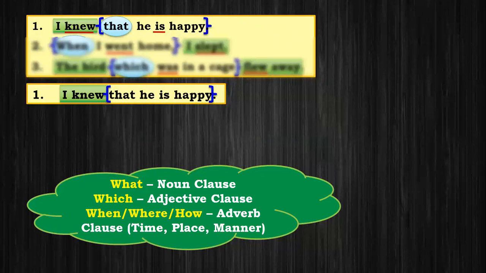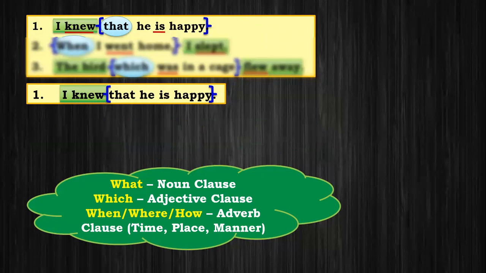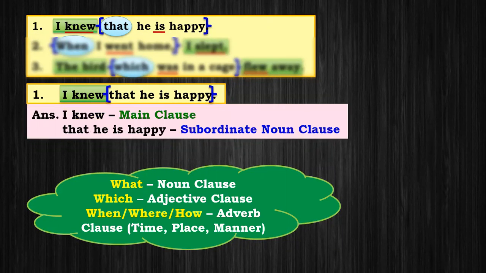What did I know? That he is happy. Exactly. Your subordinate clause is acting as an answer for the question what. Hence, the answer is subordinate noun clause. And so this is the way you're supposed to write the answer. I knew, main clause. That he is happy, subordinate noun clause.